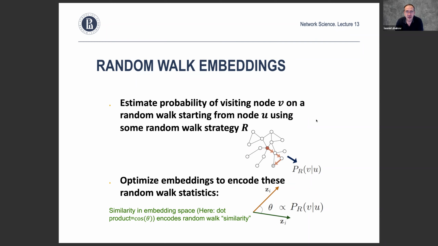So the idea is the following. We want to be able to sample some of the connectivity in the graph. It's very hard for every node to actually use all its connectivity information, simply because if you want to take a node and calculate the shortest path, for example, from this node to all the other nodes, we're going to get a lot of computational problems.